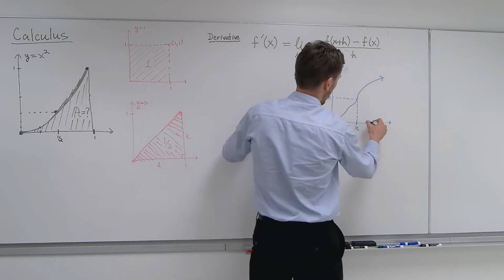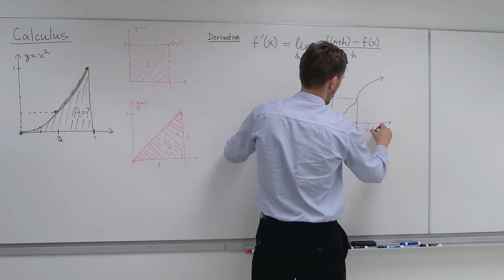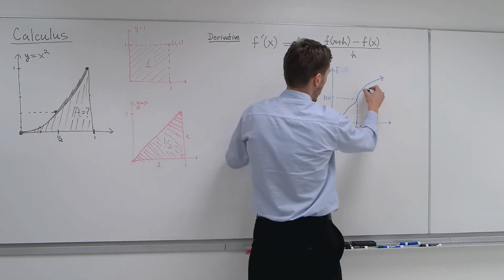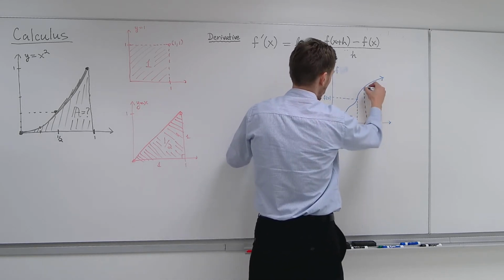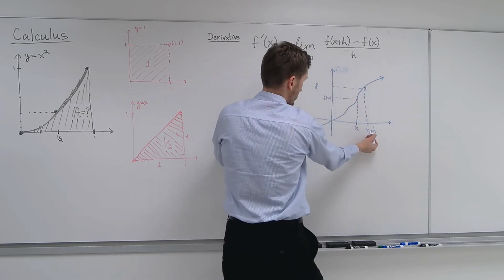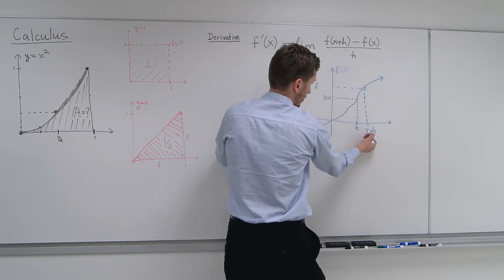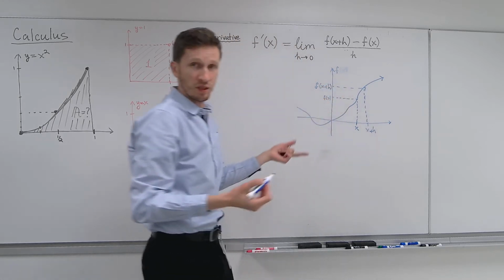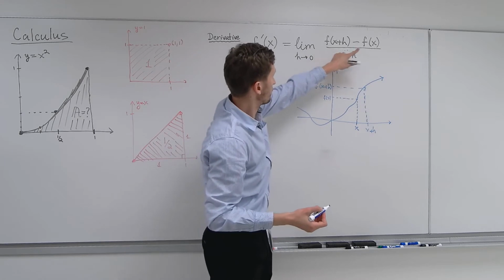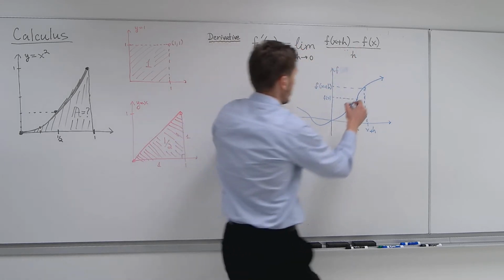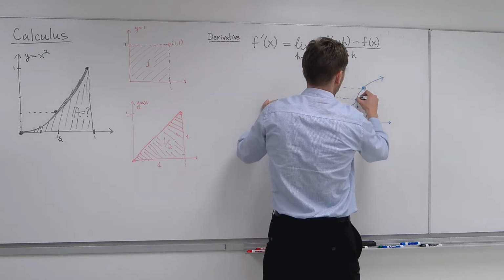What if I do x plus h, a little h in addition to the x, moving a little bit to the right of the x? That's going to be a height now. The function value at this horizontal value, x plus h, is now f of x plus h. What I'm actually doing here, without the limit part, is finding the slope between this point and that point.